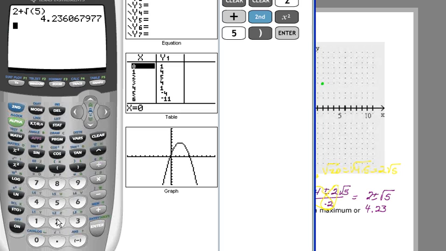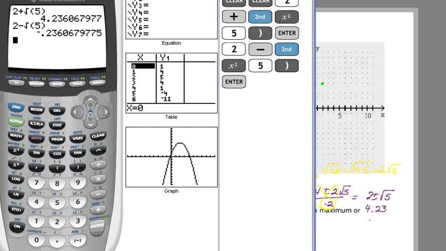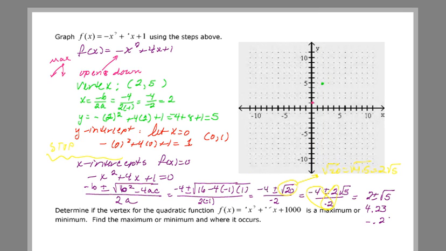And let's figure out the other one: 2 minus the square root of 5. It's given me my x-intercepts based on the quadratic formula, which is a negative 0.23.